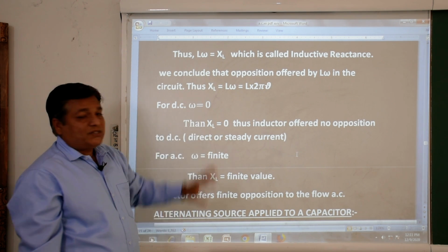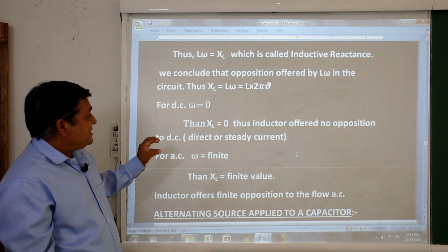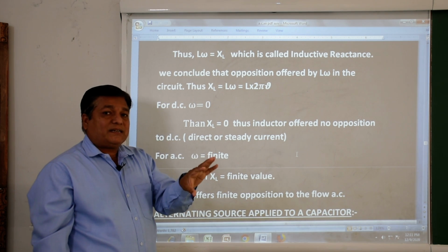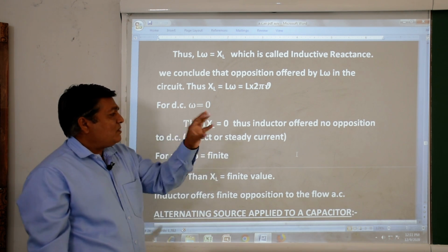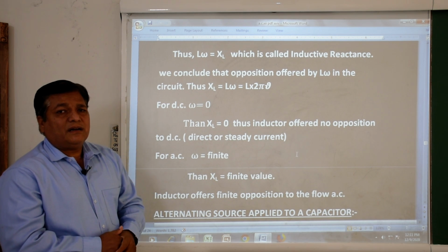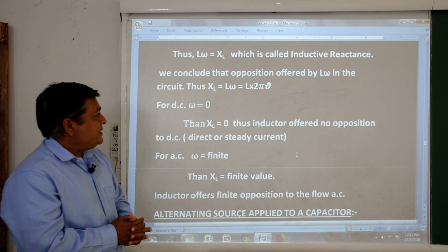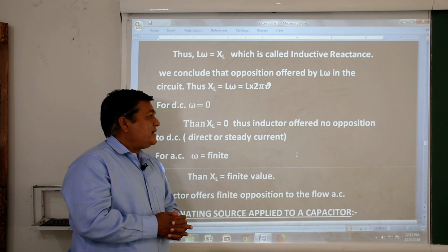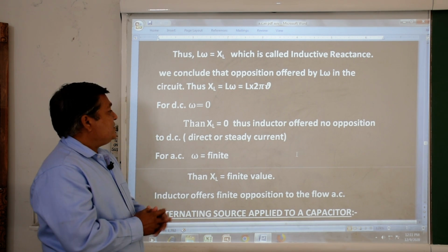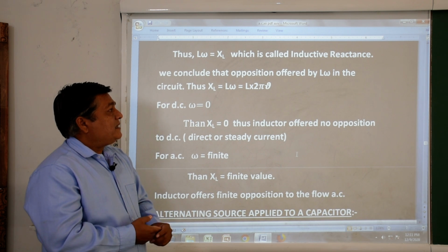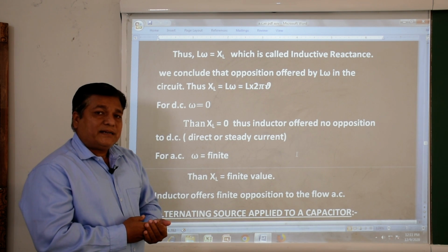If there is 0 opposition in case of DC, when DC flows through an inductor, there is no opposition offered, because there is no frequency in case of DC. So, 0 opposition means the current directly flows through the inductor.